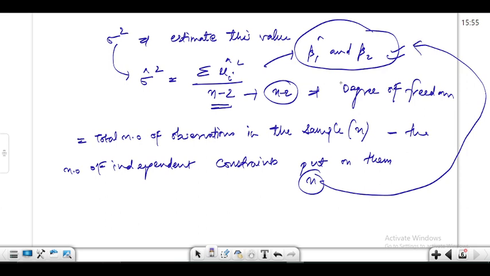Until I have these values, these n values will make no sense to me, because I will not be able to calculate sigma hat square. So this is what degree of freedom means: your sample observations being restricted by the number of parameters or independent constraints. That is why we use n minus 2 here. I hope this made sense.